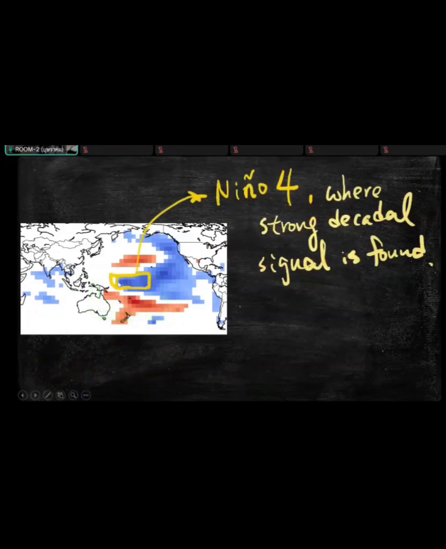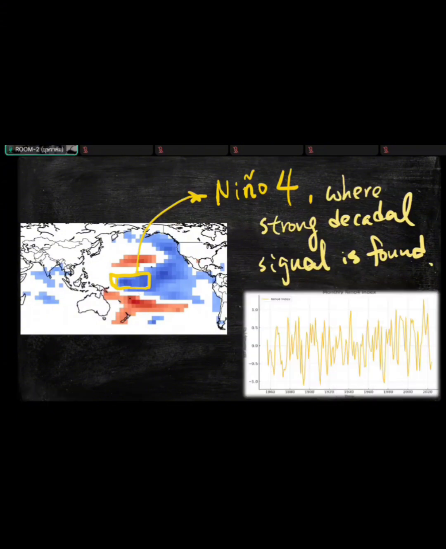Well, if you move to the tropical oceans, there is a variability mode that not many people focus on. That is called the Nino 4 or Central Pacific region. It has a very strong decadal variability, and it is very strong. This is the Nino 4 index here.